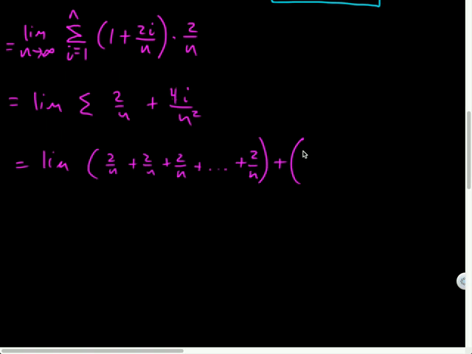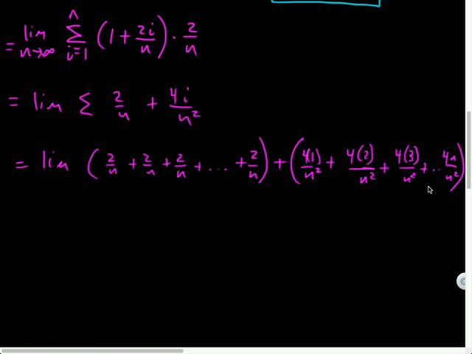So when i is 1, it'll be 4 over n squared plus 4 times 2 over n squared plus 4 times 3 over n squared plus ... 4 times n over n squared, right? That's what we end up getting.